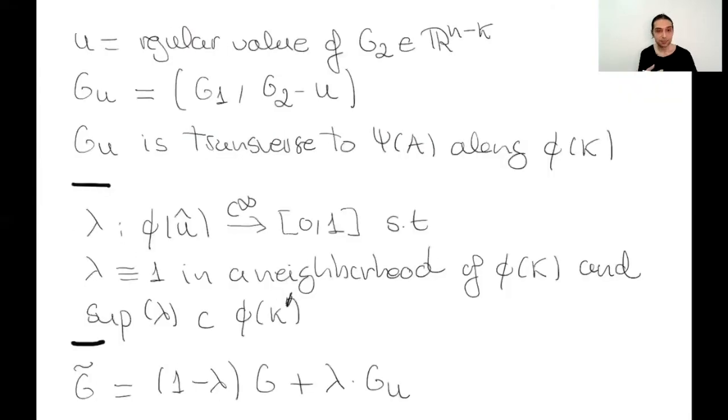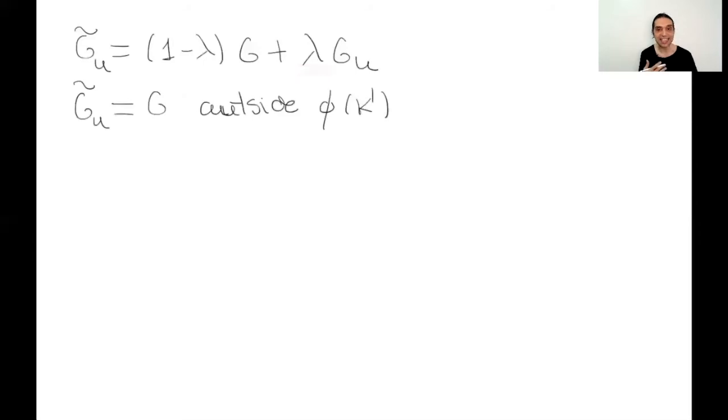But besides that, capital G_U is transverse to psi of A along phi of K, and lambda is equal to 1 in a neighborhood of phi of K. So these capital G_U tilde are equal to capital G_U, and in particular, they are transversal to A, to psi of A to be more precise, along phi of K. So the transversality result holds for them, okay?